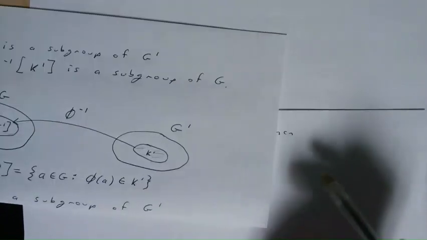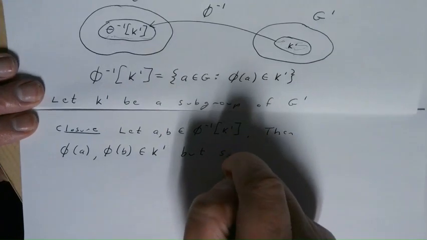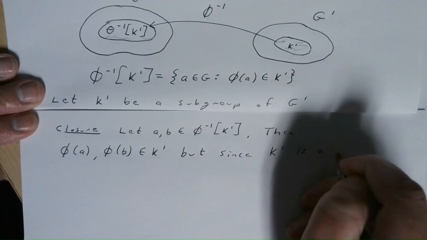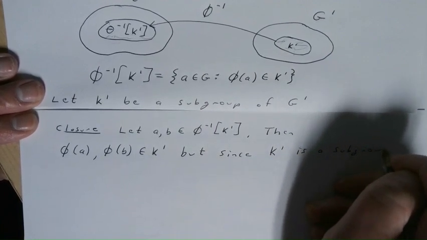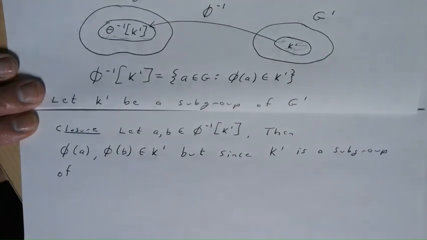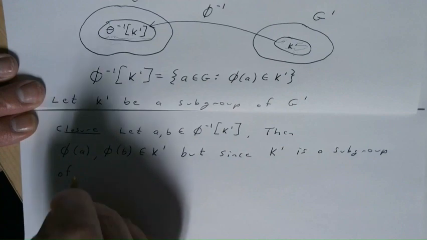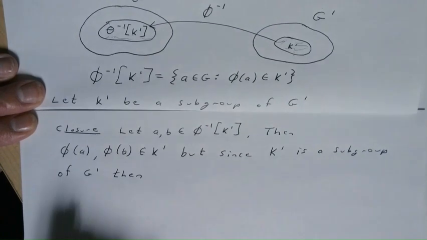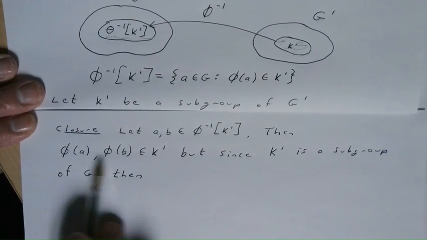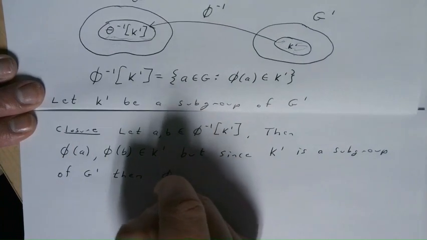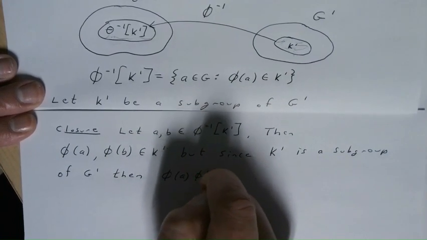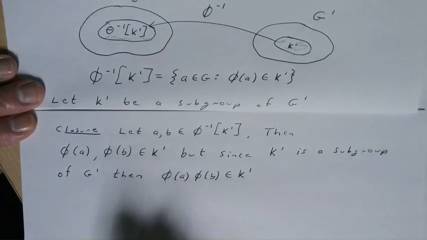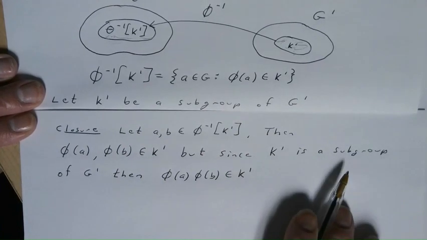K prime is a subgroup of G prime, so we know by definition of a subgroup, the product of these two, whatever the binary operation happens to be, is in K prime, because it's a subgroup, which means it's a group.